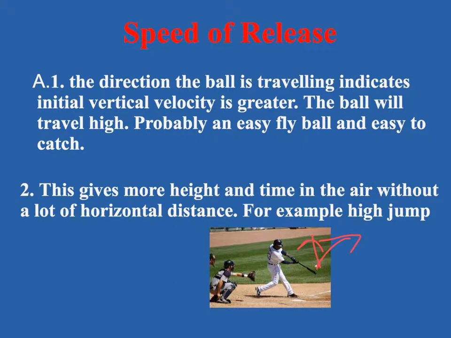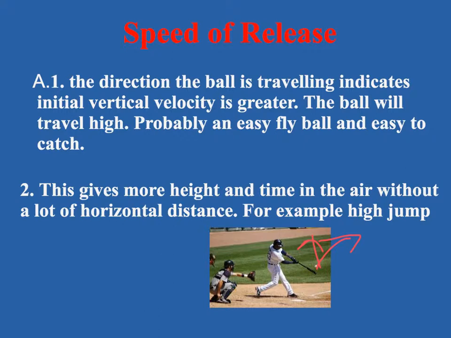In many sports, there's a trade-off between initial vertical velocity and initial horizontal velocity in order to get the desired flight path. What would the advantage of having a high initial vertical velocity be, and in which sports would this occur? What sports do you want high vertical velocity?